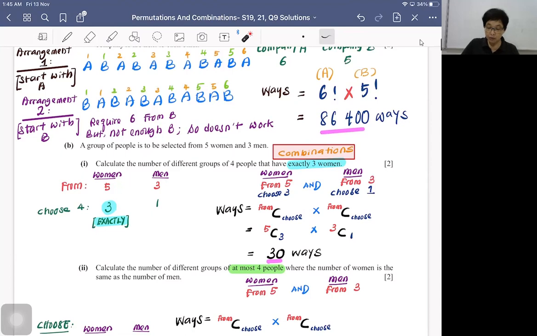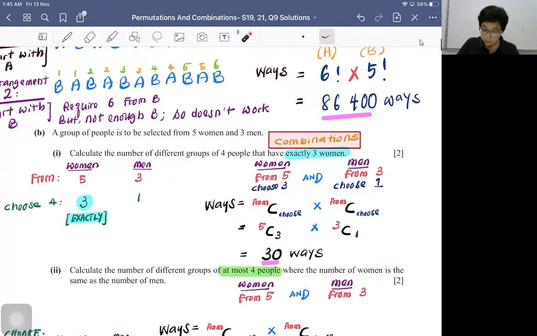And that the remaining 1 place, in order to make up 4 people, naturally, you only left 1 vacancy available for the men to fill in. Therefore, what you have now is, for the women, from 5 women, you're going to choose 3.